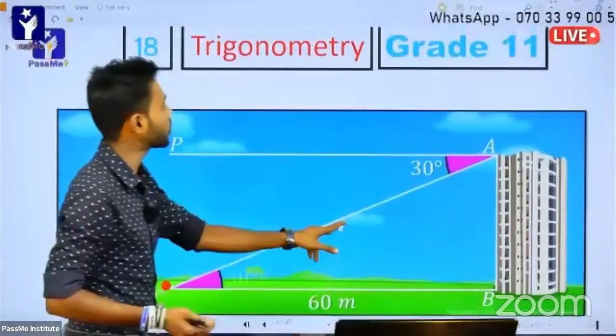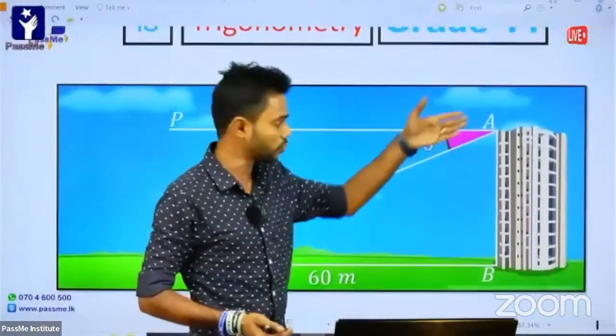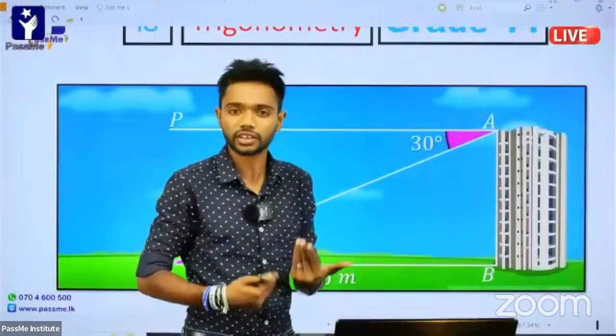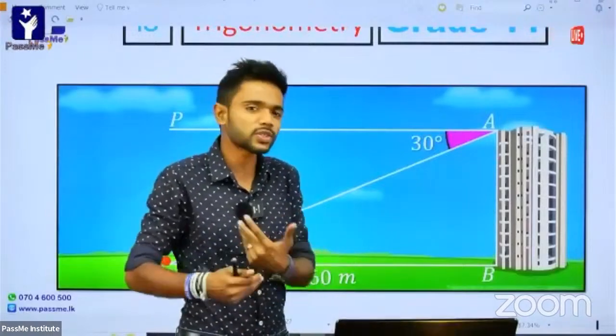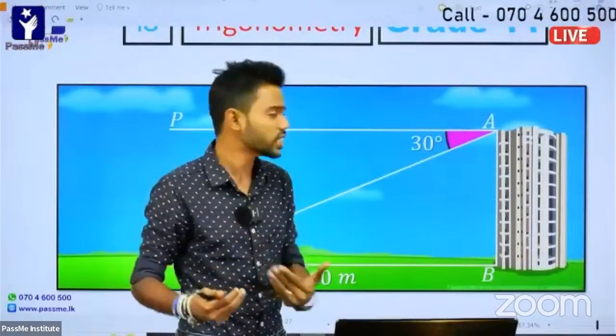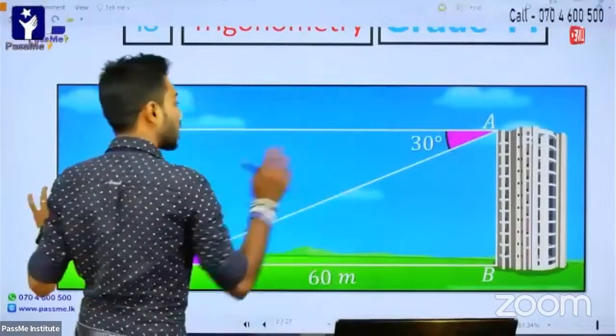But once we introduced this wonderful theory, trigonometry, we can do this kind of calculation. We have the ratios sine, cos, and tan. You can use these trigonometry ratios to find the height of the building. That is one kind of application.